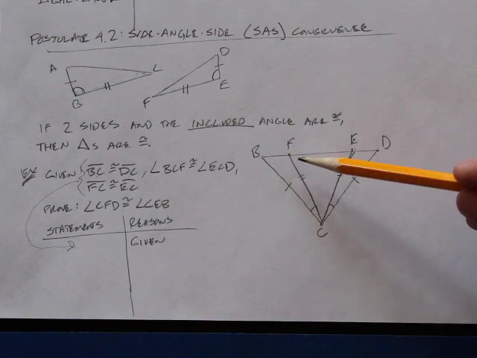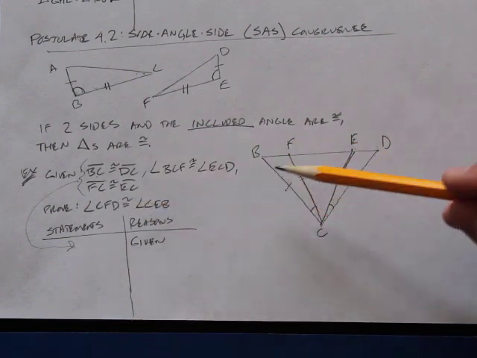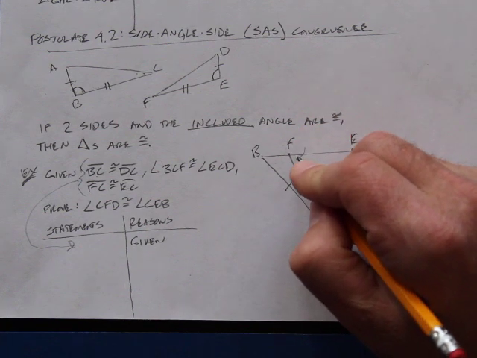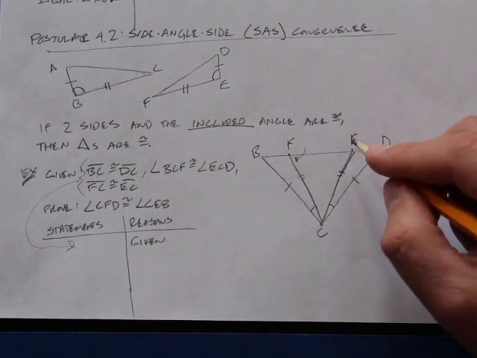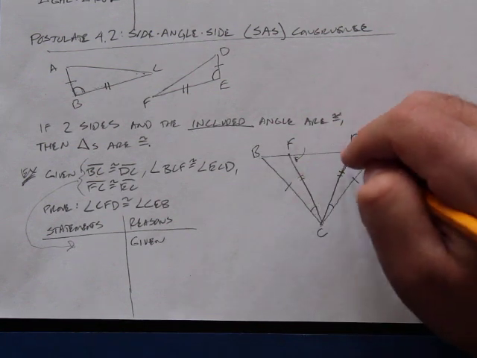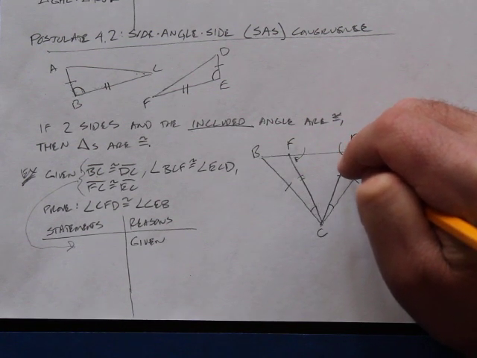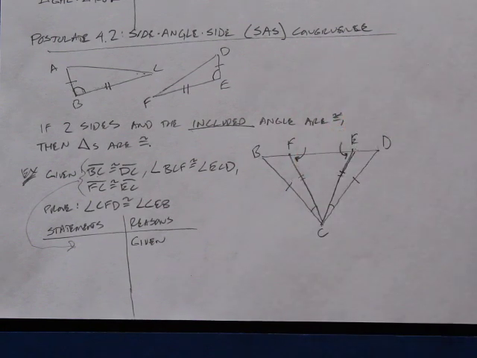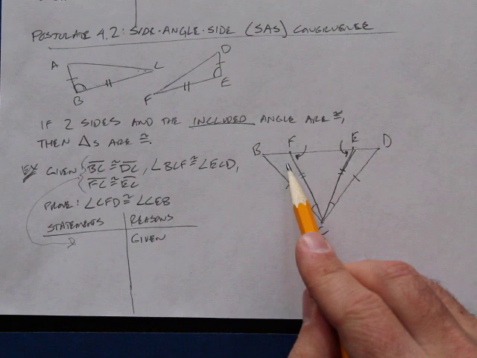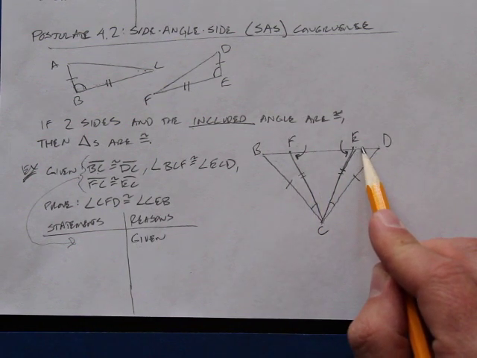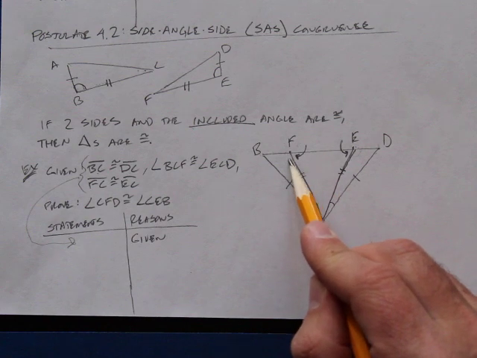So here's how we're going to do this. We're trying to prove that this angle CFD is congruent to this angle CEB. Now, if I know that these two triangles are congruent, then I know that this angle is going to be congruent to this angle.